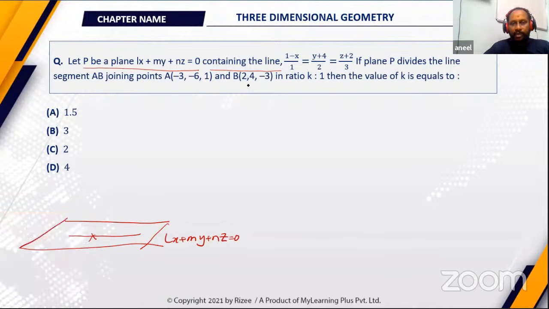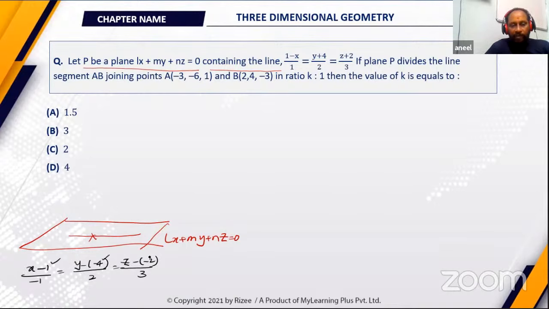The equation of the line you can observe is (x minus 1) by minus 1, (y minus of minus 4) by 2, (z minus of minus 2) by 3. This point in the numerator can be seen as 1, minus 4, minus 2, which is the point on the line, which is in turn in the plane.